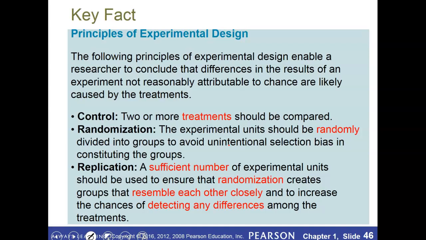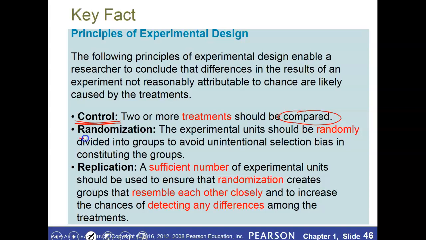The following principles of experimental design enable a researcher to conclude that differences in the results of an experimental study are reasonable enough to attribute to causation. The first one that can establish causation is control. A control is where you have 2 or more treatments so that you can compare them when you are finished with your study.